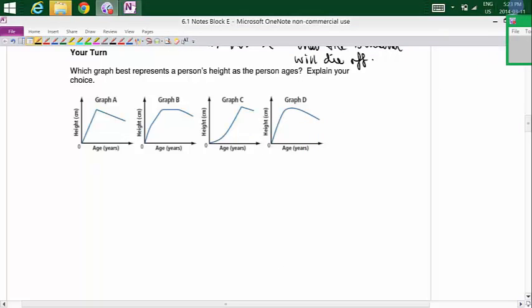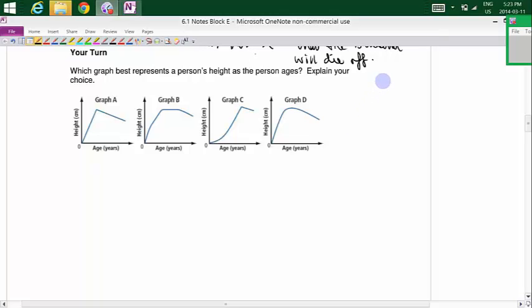Okay, so in this your turn, we're going to be taking a look at a person's height as the person ages. You've been asked which graph best represents a person's height as the person ages, and then explain your choice. Well, when you think about human development, for the first couple of years of anyone's life, you grow rather quickly. And then it kind of levels off, and you are growing at a constant rate somewhat.